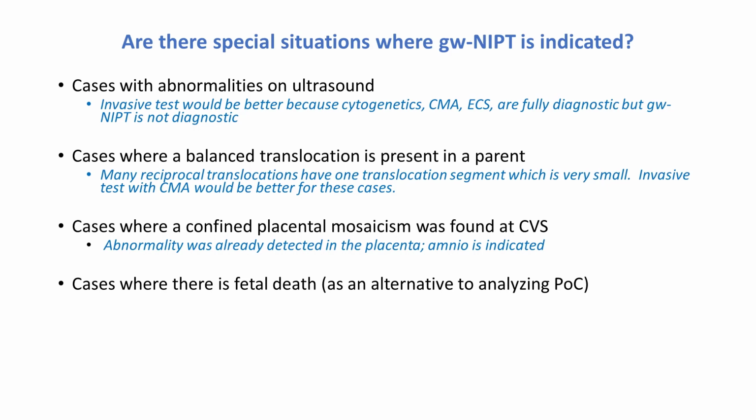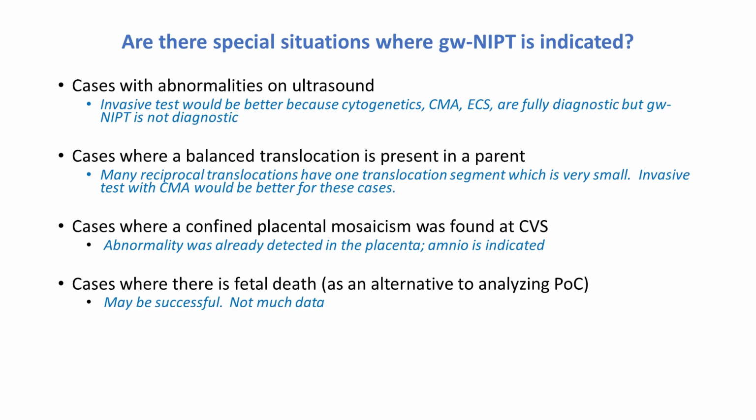What about cases where there's a fetal death? You think maybe it was chromosomally abnormal and you don't have a sample to send as a product of conception to evaluate whether or not there was a chromosome abnormality. So there's a few studies that have done this. The success rate is not high because oftentimes there's not enough residual DNA in the maternal plasma for a successful test.